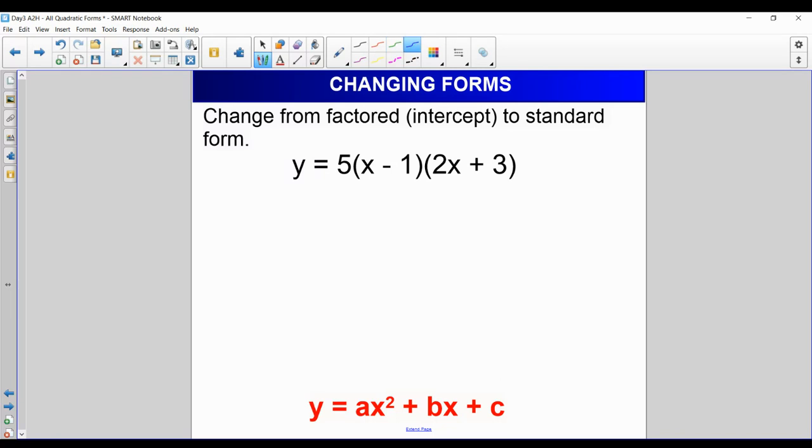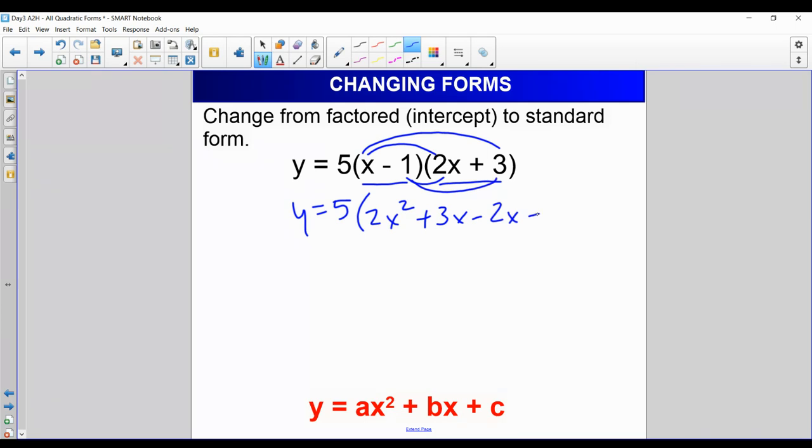So what I'm going to do first is take the two parentheses and multiply those, I'll show all the steps, using FOIL. So I'm going to do first, get 2x squared, outside, get plus 3x, inside, get negative 2x, and last, get negative 3.